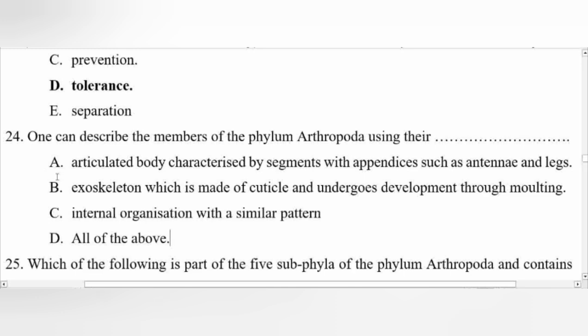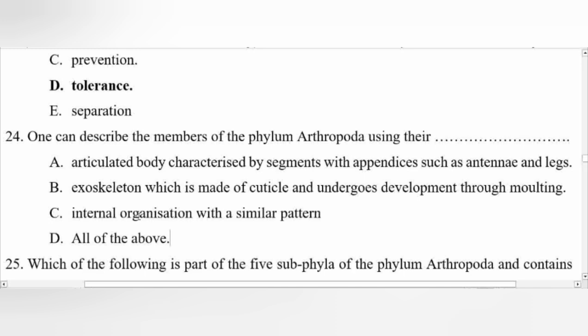Yes, option A is true. We can describe the members of the phylum Arthropoda using their articulated body characterized by segments with appendages such as antennae and legs. Then we can also describe them by their exoskeleton, which is made up of cuticle and undergoes development through molting.